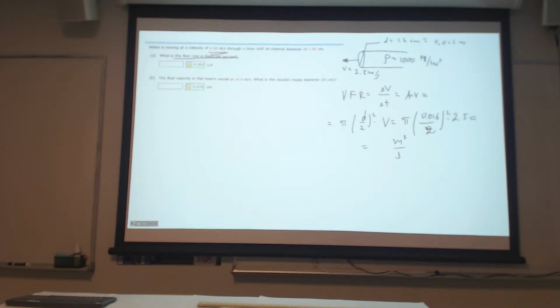What do you need to enter? Liters per second. So you still will have to make one more conversion. We did it a couple of times, I think. We calculated a liter in cubic meters or 1 cubic meter in liters. So you can remember that, or you can derive it, or you can look it up. Do you remember? Is it 10 or is it 100?